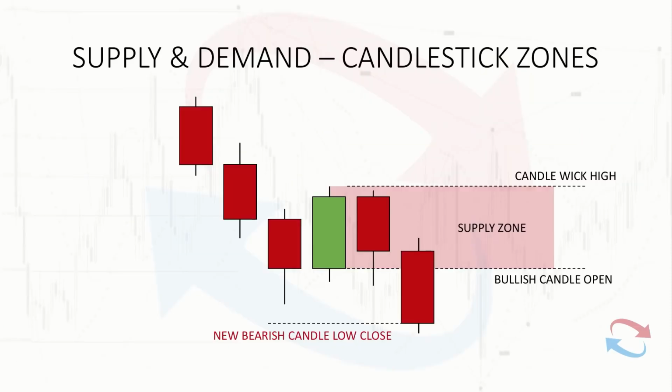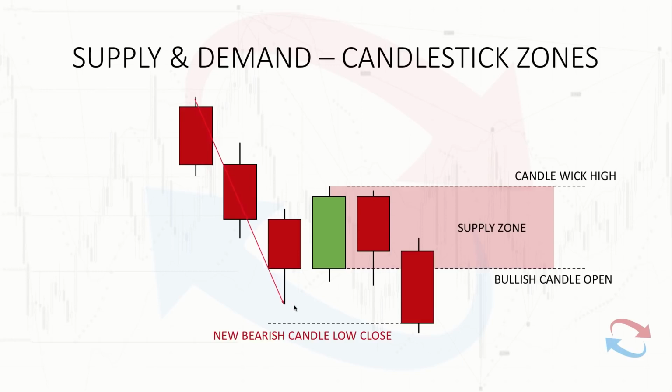So when it comes to looking at supply, it's pretty much the same thing as demand. What we want to see is a bearish sequence, then a bullish candle, and then a bearish candle where we either see a candle close below the swing or a candle wick, because ultimately what we're looking at is lower highs and lower lows.